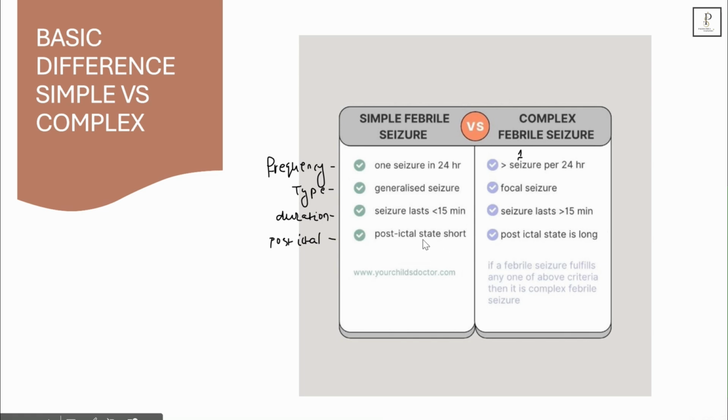In simple febrile seizure, the post-ictal state is short, 5 to 10 minutes. In complex, the post-ictal phase is longer than 5 to 10 minutes, sometimes more than 30 minutes also. And at times the child will suffer from Todd's palsy.